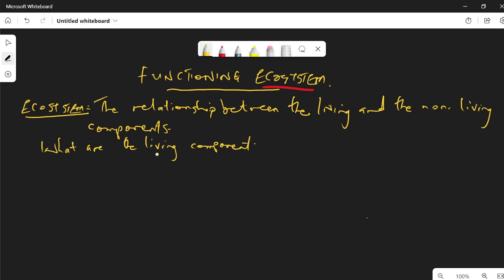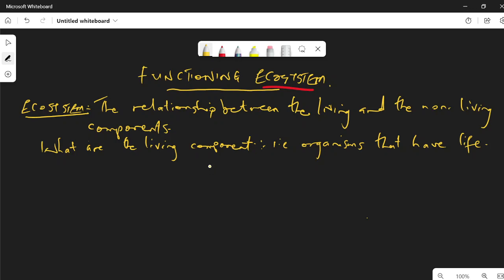When we talk about living components, we will definitely talk about organisms that have life.